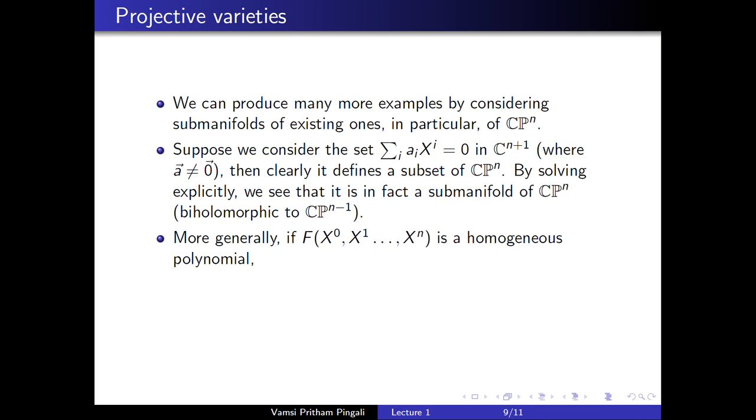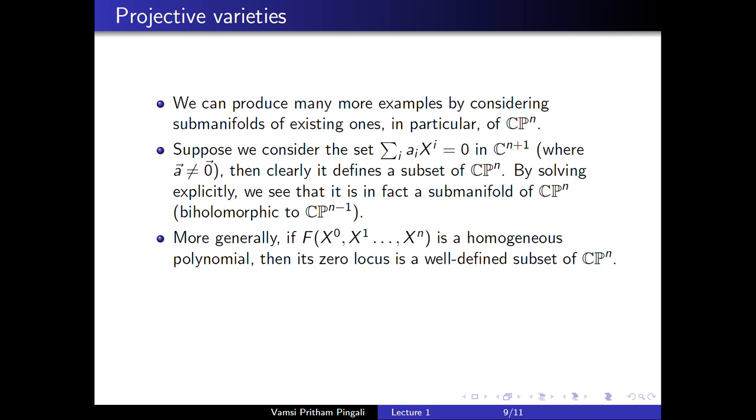So f of lambda x is lambda raised to d times f of x. So if you take any homogeneous polynomial, its zero locus is at least a well-defined subset of CPN. Namely, if any point lies on it, the entire line in Cn plus 1 will lie on the zero locus. Right? So at least you have a well-defined subset.